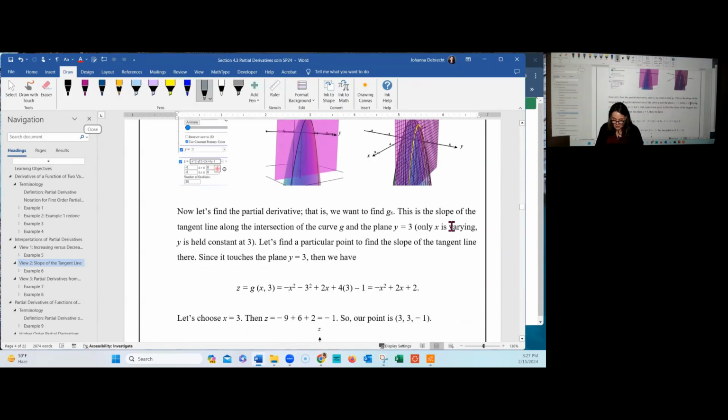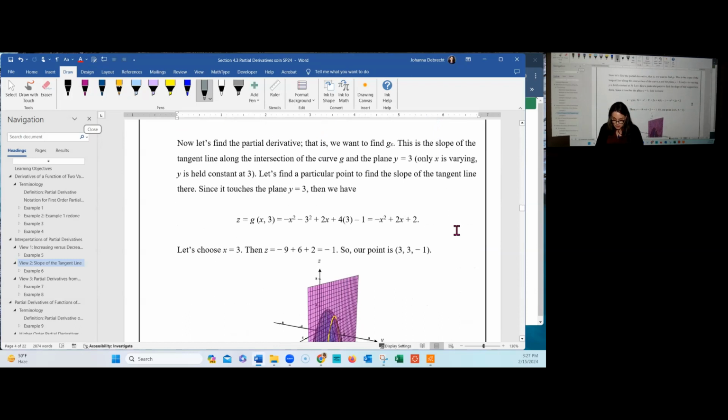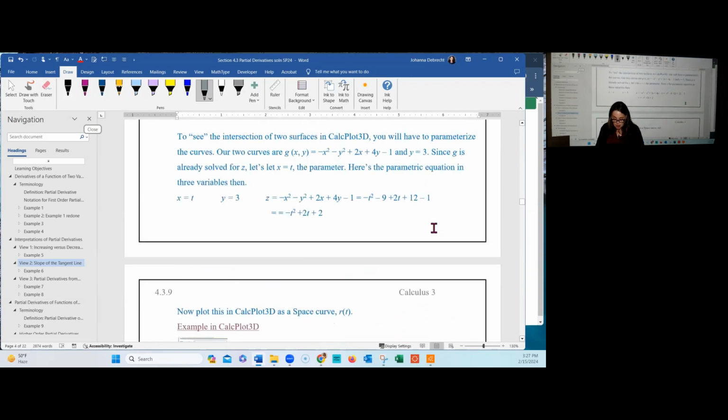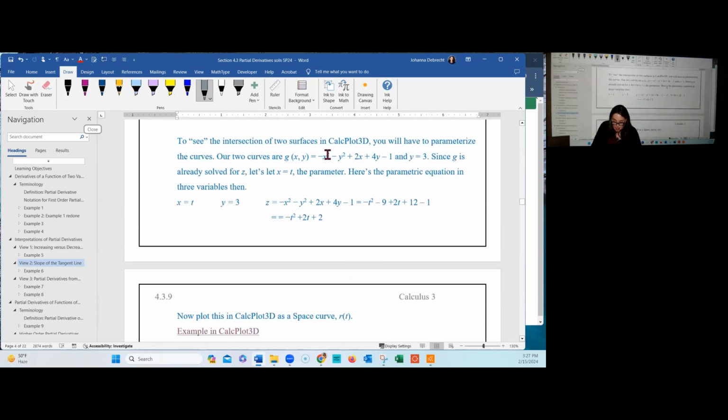We're going to find the partial derivative, which is the partial of g with respect to x. Coming back up to our function, which is right up here. Let me highlight this in yellow so you can see it. When we're looking at this, if I take the partial with respect to x, I get negative 2x plus 2 minus 1.